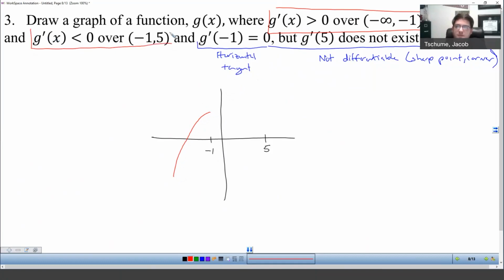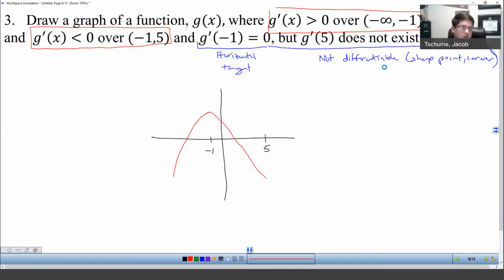On the interval from negative 1 to 5, I need my first derivative to be negative. So that's the definition of decreasing. So I'm going to decrease from negative 1 to 5. Now, the difference is that, yes, from 5 to infinity, I'm going to increase again. But since at 5, I have to not be differentiable, I can't just draw a regular smooth curve.